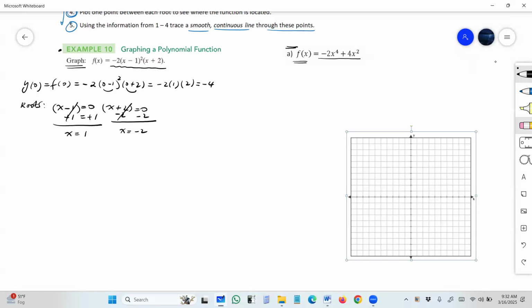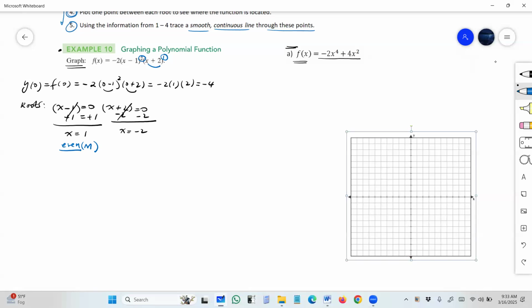And now for the multiplicities, I have to look at the polynomial in factored form, and I have to look at the exponent above the factor. This one has an invisible 1 right here. So for the root 1, because of the exponent 2, I have an even multiplicity, meaning that the polynomial is going to bounce back in the same direction at 1.